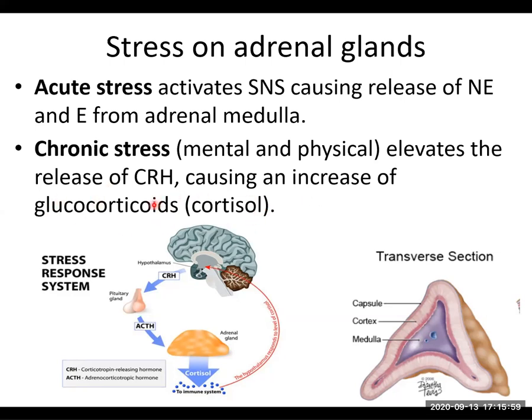And the major corticosteroid hormone in our body is the glucocorticoids, and the major one of it is cortisol. So that's how our body reflects this stress influence.